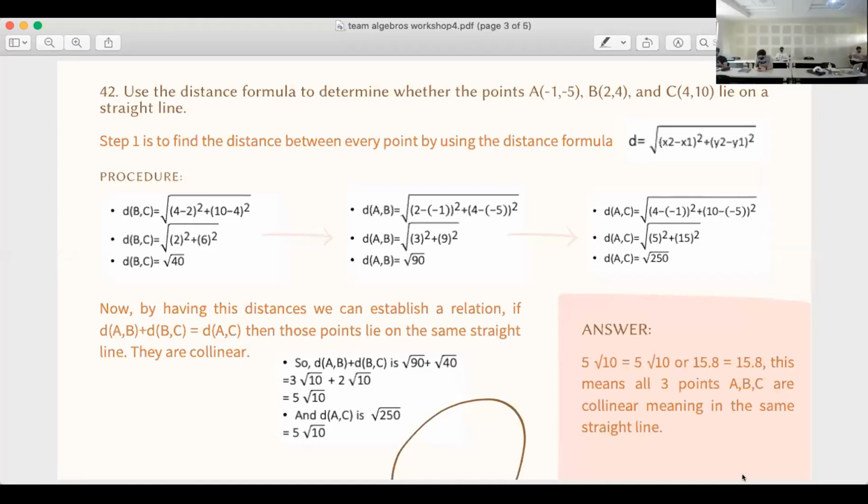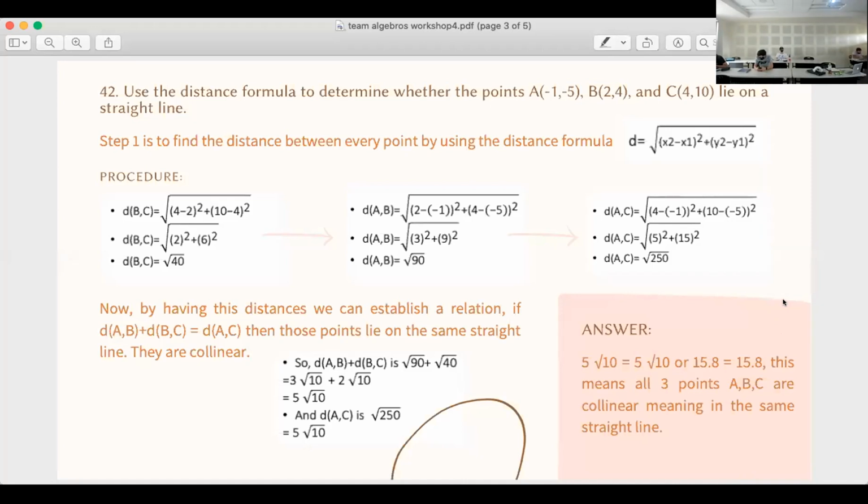Yes, teacher, can you hear me? Yes, perfectly. Okay, we have to use the distance formula to determine whether the points A, B, and C lie on a straight line. The first step is to find the distance between every pair of points using the distance formula. For points B and C, it gives us the square root of 40.